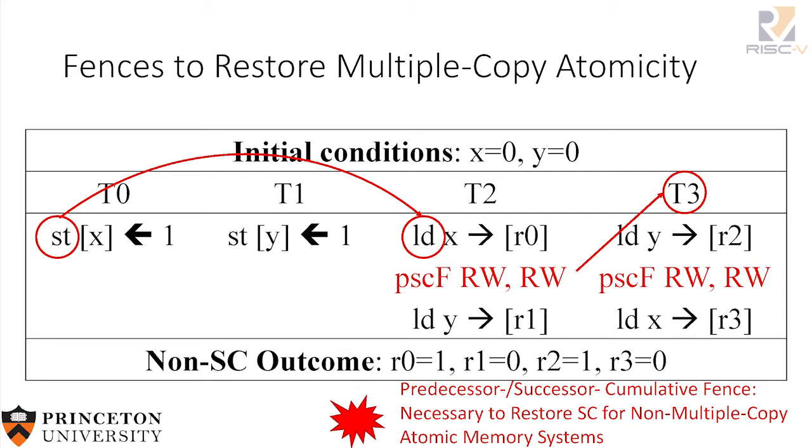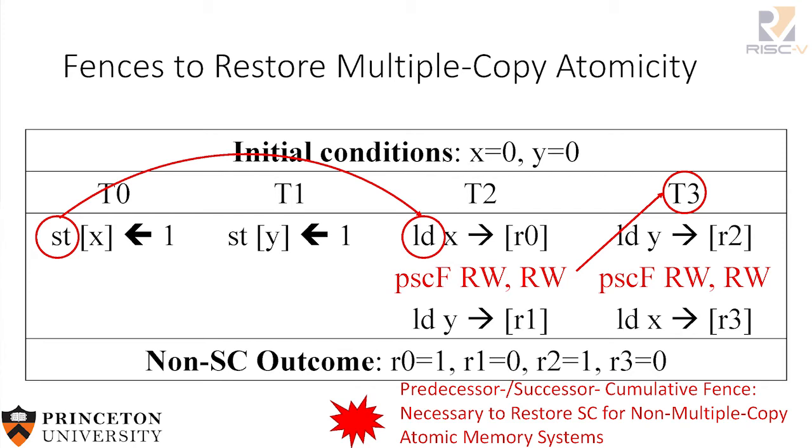Then this fence is additionally going to order essentially writes that have propagated to that thread. So if this thread 2 has read, so if R0 is 1, which means it's seen the store on thread 0, then that store is going to become part of the predecessor set, so things that are being ordered before the fence.